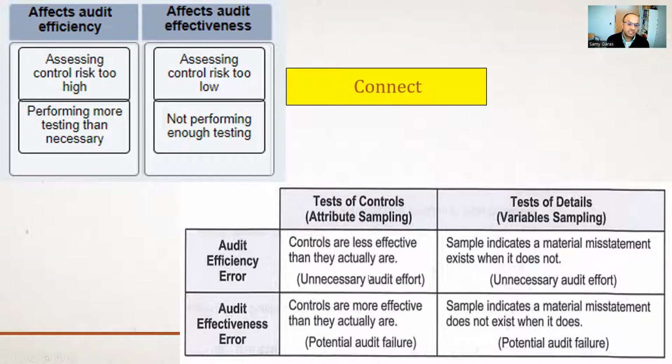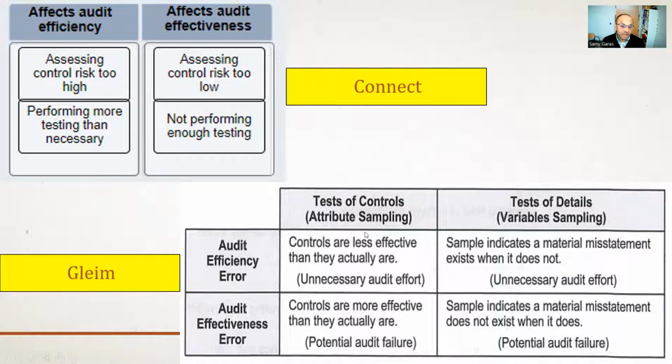GLIME says if the control is less effective, which means the control risk is very high, it will affect the auditor's efficiency. On the other side, if the control risk is very low, or the control is very effective, it will affect his opinion.